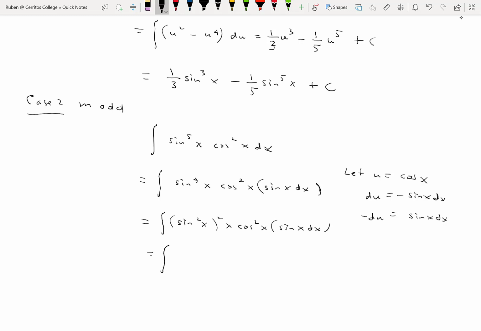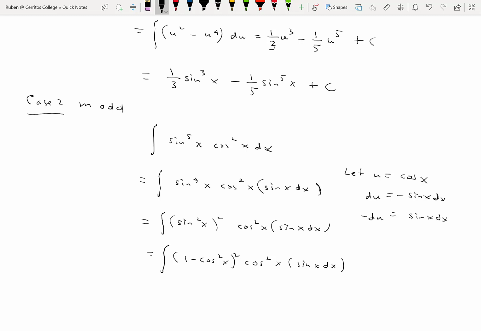And then that sine squared is 1 minus cosine squared, by that same identity, sine squared plus cosine squared equals 1. I think I have a little extra x in there too. Yeah, I do. Gone. Perfect. Cosine squared x sine x dx.